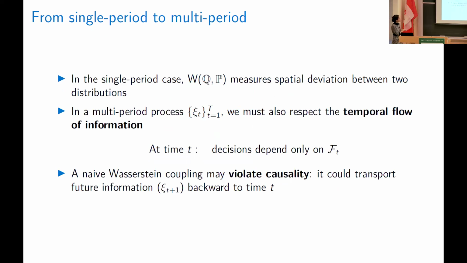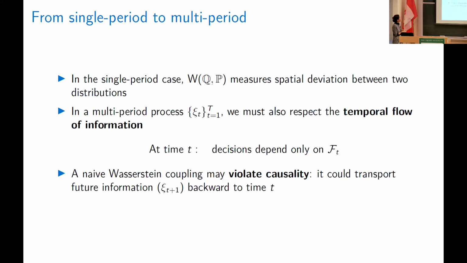In that case, we need to think about how to perturb the data more wisely, because in the multi-period process we must respect the temporal flow of the information. That means that at each little t, the decision should only depend on the information available up to little t.